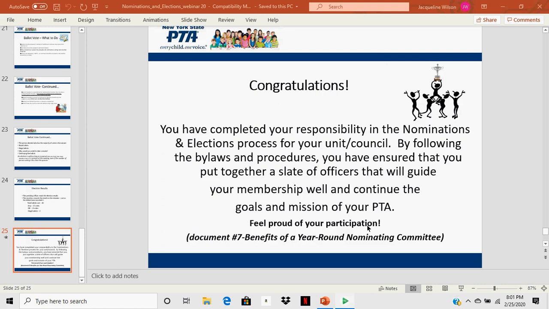Your council bylaws will state how many people from your unit are allowed to be part of council. So how many council, what we call council delegates, and that would be listed in your bylaws. So I'm not sure what that question is, so I don't think I can answer that question unless the person wants to explain what they wrote.